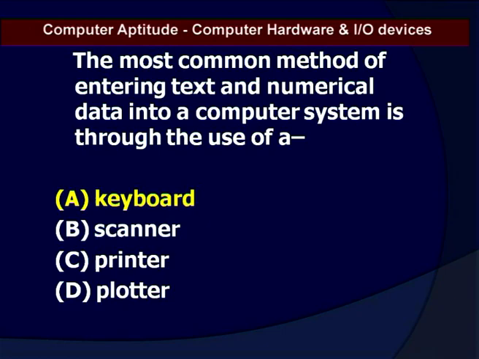Okay, next coming into the most common method of entering text and numerical data into a computer system, which is through the use of a keyboard. There are different types of keyboards, in 3 different ways: the keys extend from one keyboard to another, that is 104 to 108 keys, the second is 104 to 112, and the third is 104 to 123.